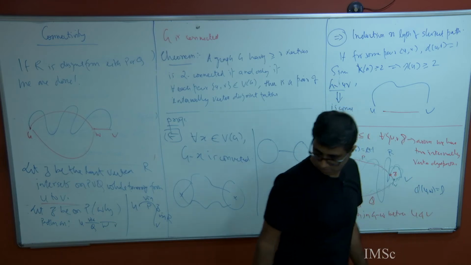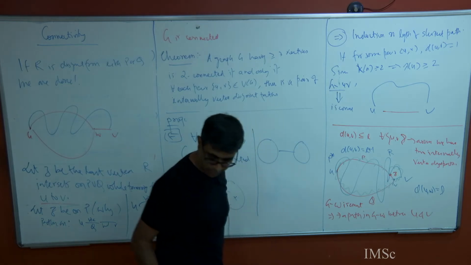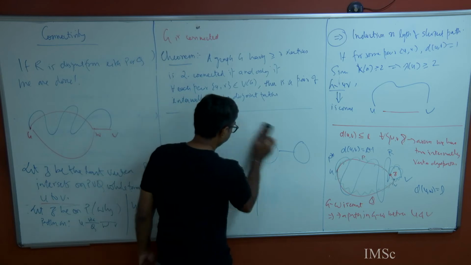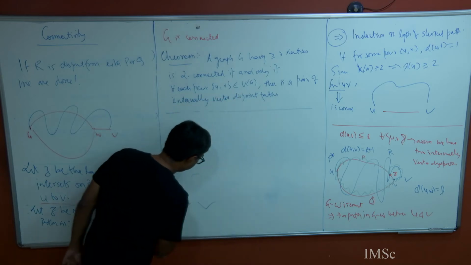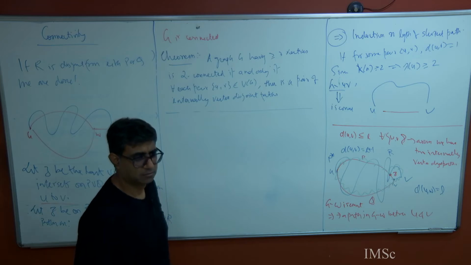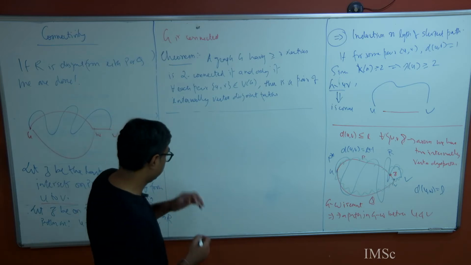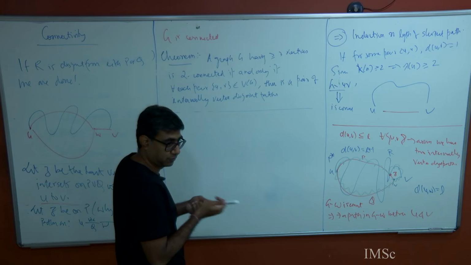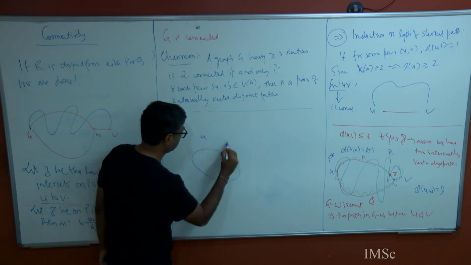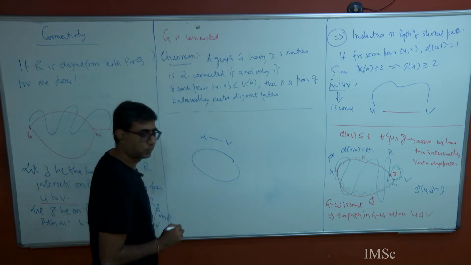But could I have not done the following? Let us just, okay, maybe we can salvage the base case. I do not even know the proof. Suppose you have U in V, there is an edge between them, okay?